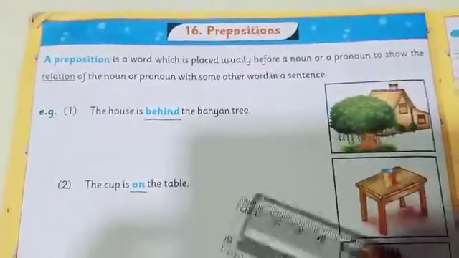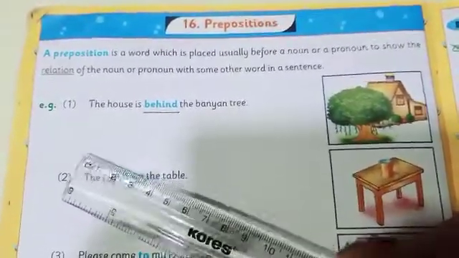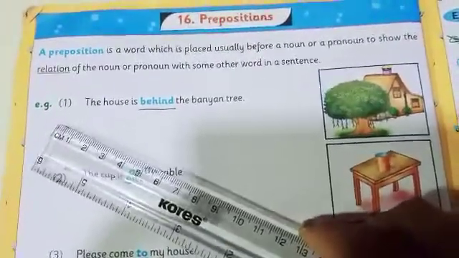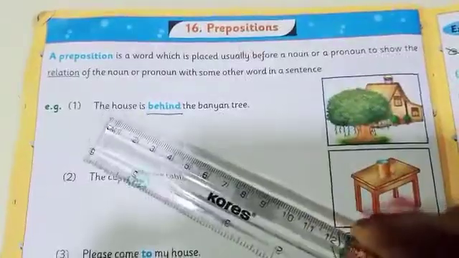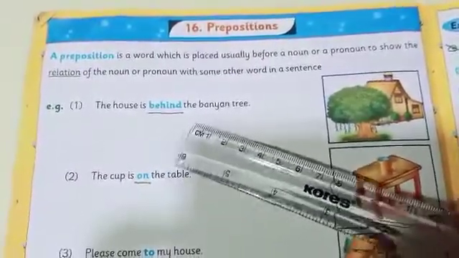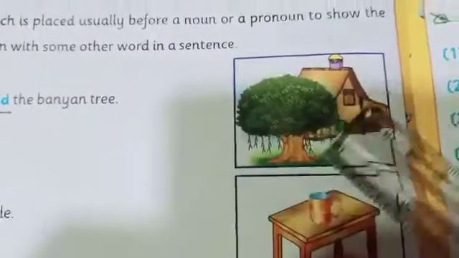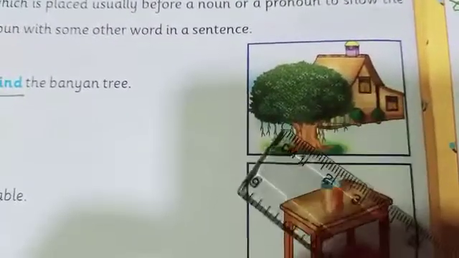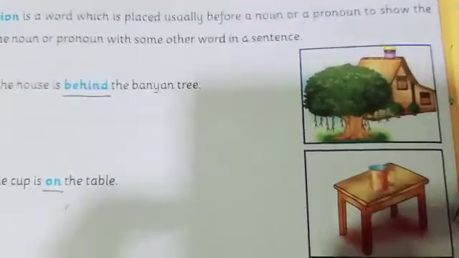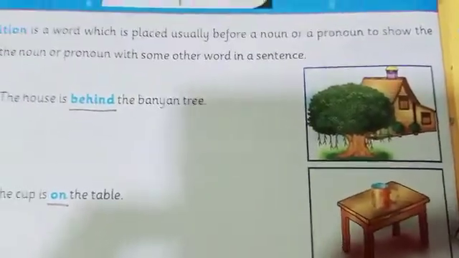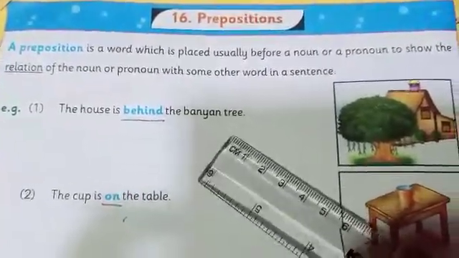So there are some examples which I want to share with you all. So let us look into that, children, what it is. Example, e.g. is example. So the first one is, the house is behind the banyan tree. So if you see this picture, yes, there is this beautiful house and there is a tree, right? So the sentence is, the house is behind the banyan tree.